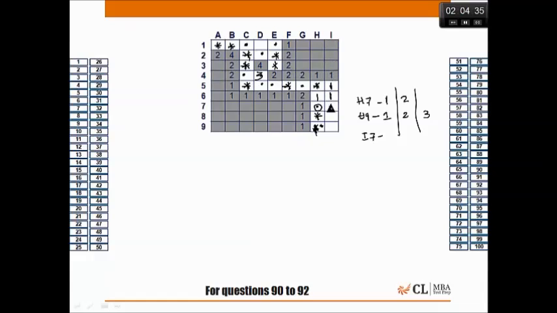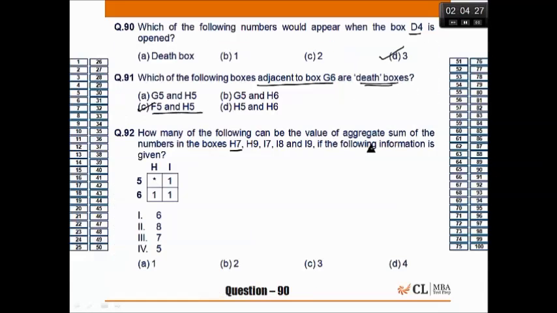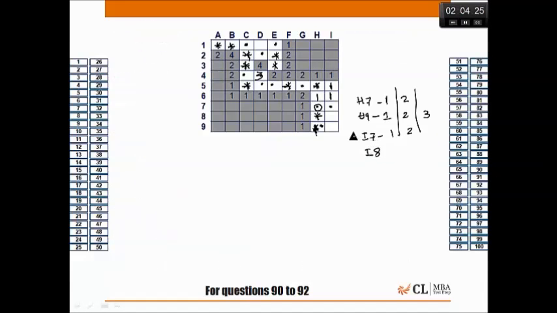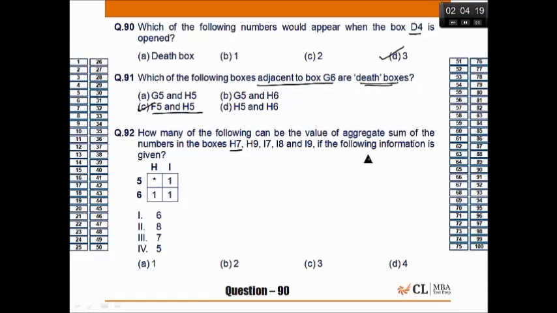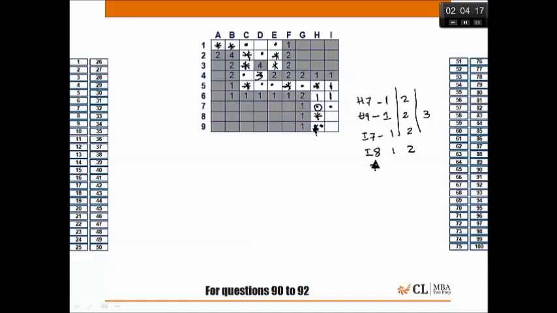I7 can be either 1 or 2. I8 can be either 1 or 2. I9 can be either 1 or 2.